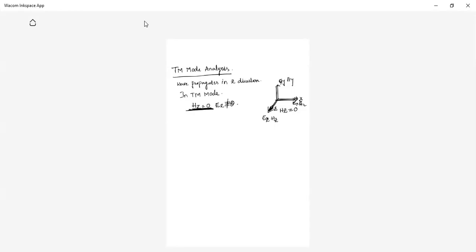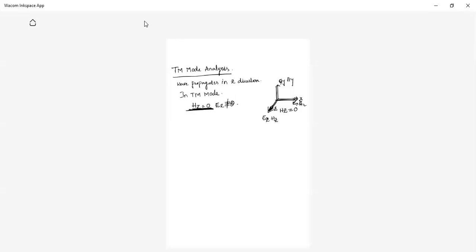Then such a mode of propagation is called TM, transverse magnetic. Why is it called transverse? Transverse to the direction of wave propagation, the magnetic field exists, whereas in the direction of wave propagation, Hz becomes 0. Then it is called TM mode of propagation.